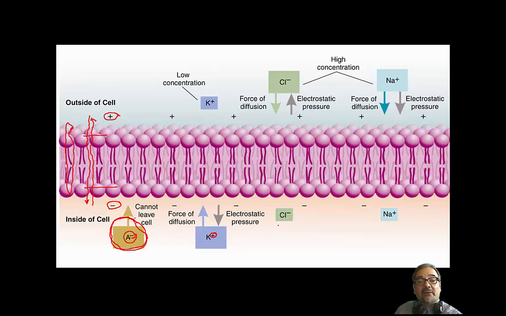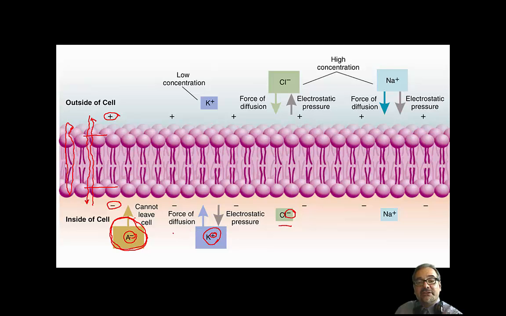Similarly, there are chloride ions inside the cell, and they tend to also be negative, adding to the negativity of the inside. However, that's also balanced by the fact that there are potassium ions inside the cell, and these ions are just more concentrated inside.